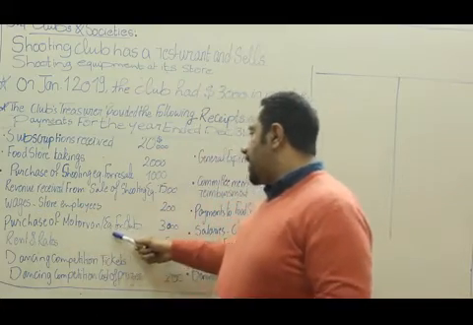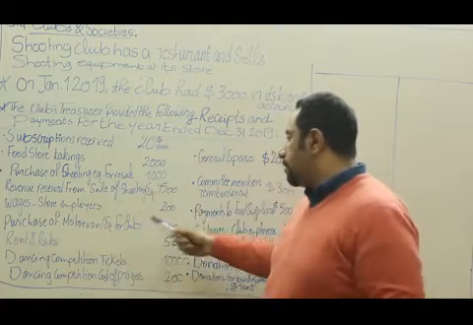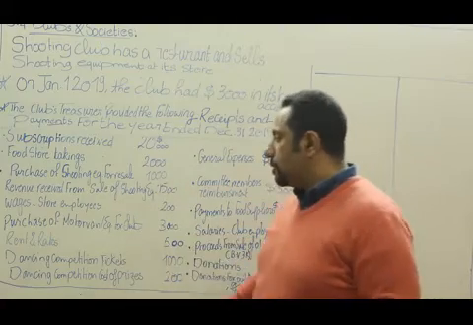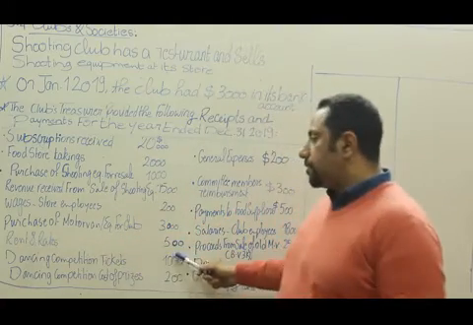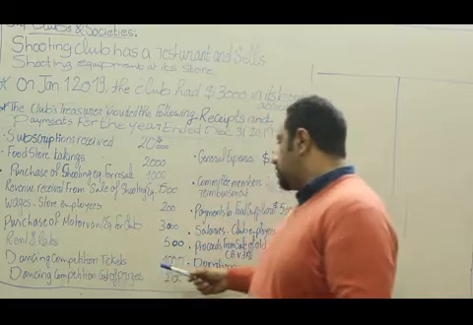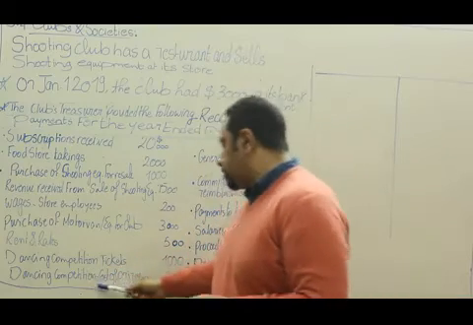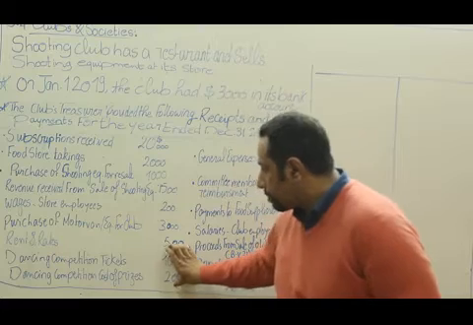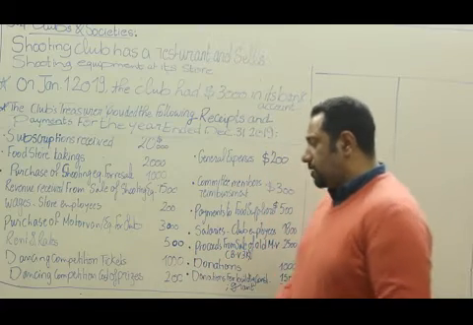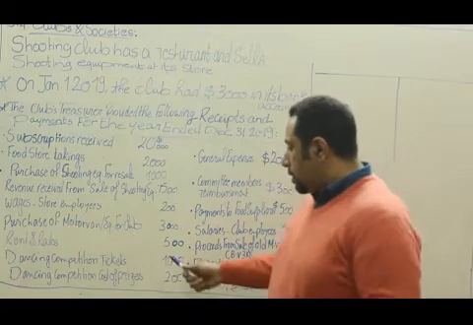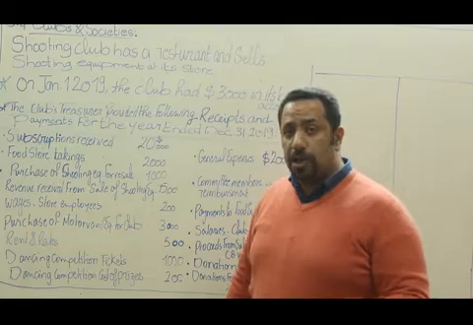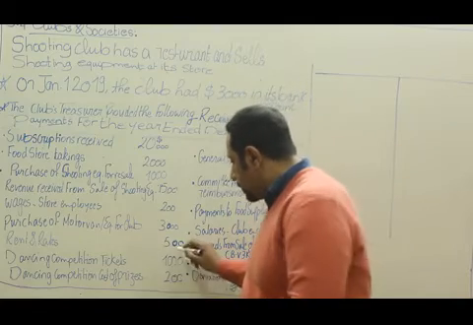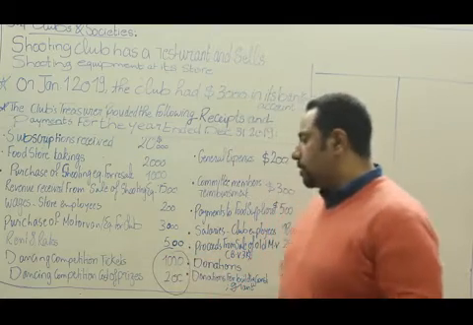Purchase of a motor van or perhaps an equipment for the club, $3,000. Rent and rates, $500. Dancing competition tickets, $1,000. Dancing competition cost of prizes, $200. This is an event that occurred at the club. The income and expenditure account will include the net proceeds from this activity.